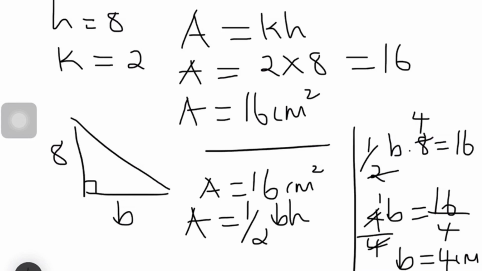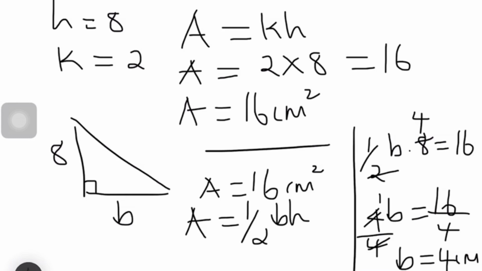So you proceed and say that you have 1/2 multiplied by the base. This is your unknown. This is what you are trying to look for. Multiply by the height, which is 8. Then you can simplify by dividing by 2 there, and then 8 divided by 2, you get 4. 4 multiplied by b is 4b is equal to 16.